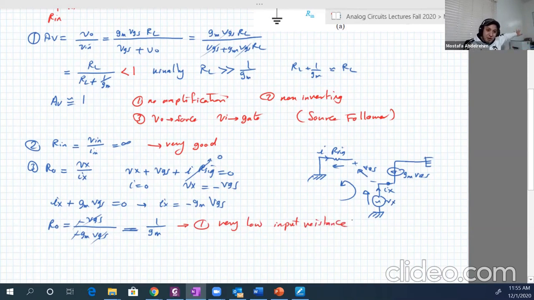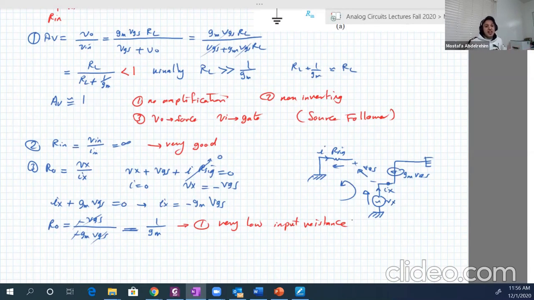And remember, the common collector amplifier, or the emitter follower, also has a very low output resistance. So up to this moment, we have an equivalent version of the emitter follower, now called the source follower, with exactly the same characteristics: high input resistance, low output resistance, and voltage gain approximately 1.